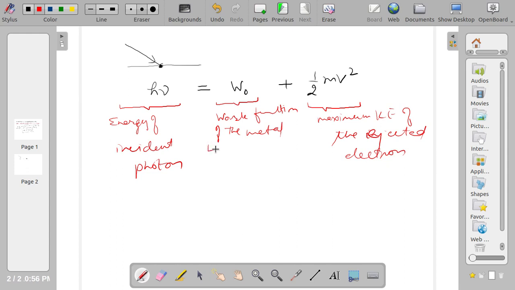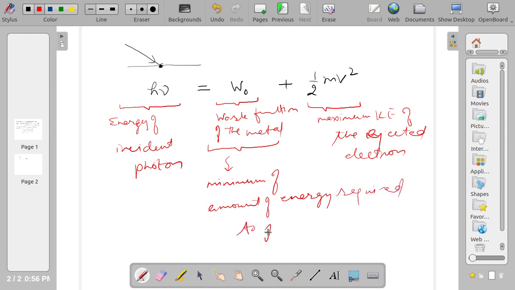And let us define work function. Work function is nothing but the minimum amount of energy required to just knock out the electron.